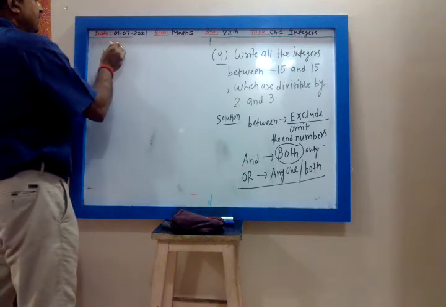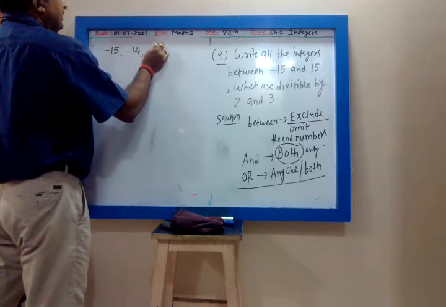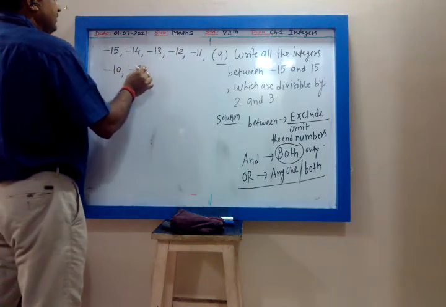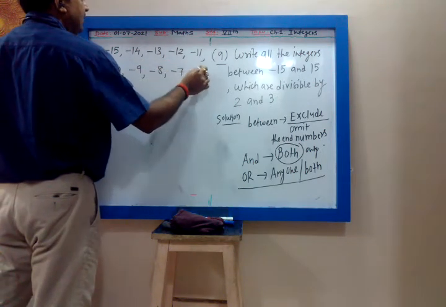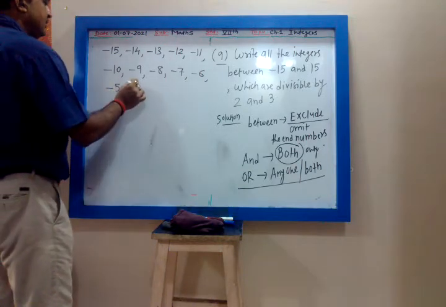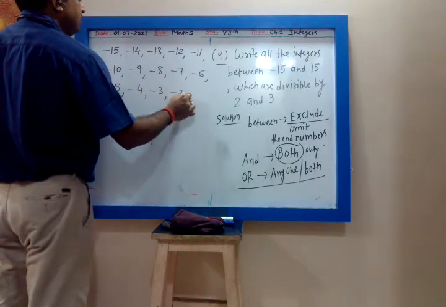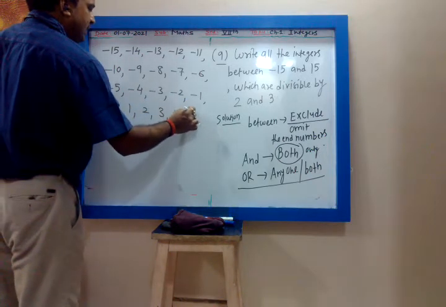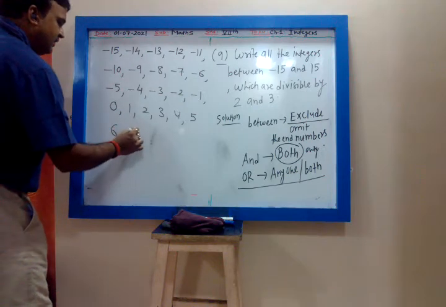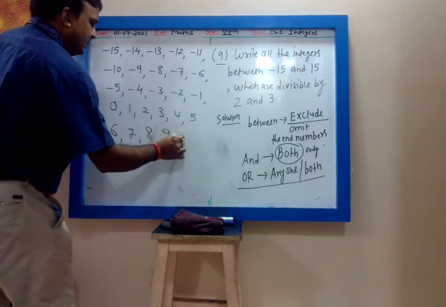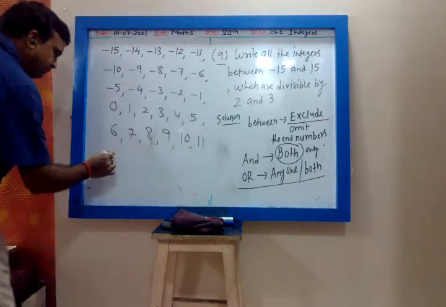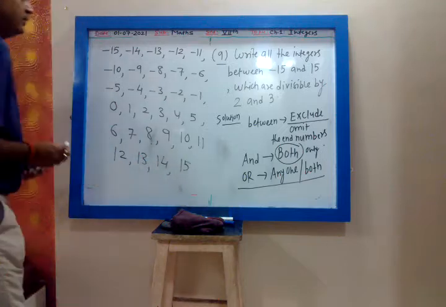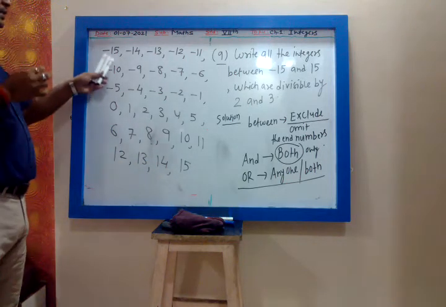It is minus 15, minus 14, minus 13, minus 12, minus 11, minus 10, minus 9, minus 8, minus 7, minus 6, minus 5, minus 4, minus 3, minus 2, minus 1, 0, 1, 2, 3, 4, 5, 6, 7, 8, 9, 10, 11, 12, 13, 14 and 15. So these are the integers from minus 15 to plus 15.